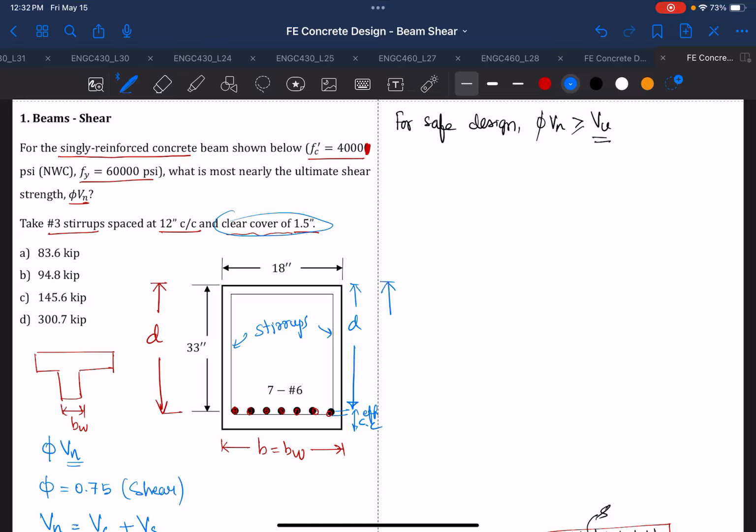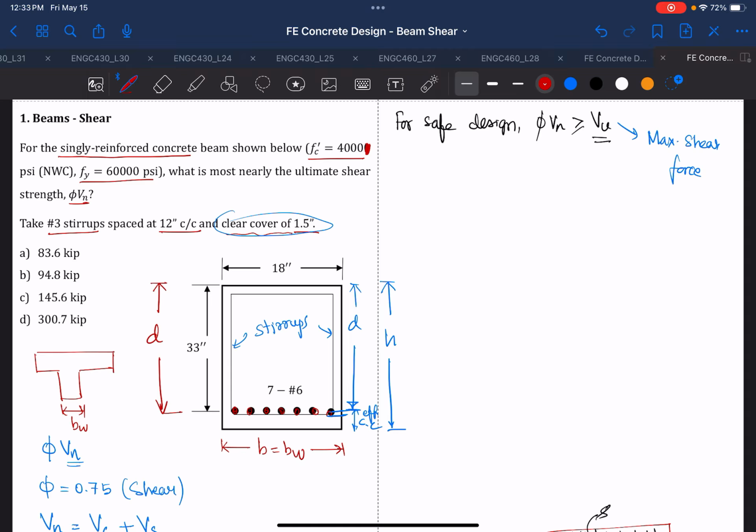So remember that sometimes you may be given a total depth h, and h minus effective clear cover will be equal to d, where effective clear cover is clear cover plus the CG, the distance of half of the diameter of the bar. Okay, and then Vu is your factored shear, which comes from your maximum shear force.